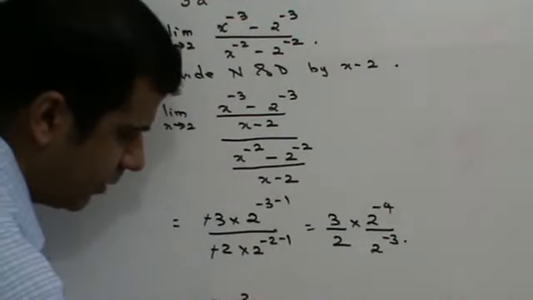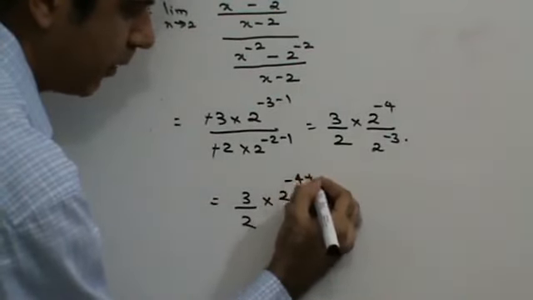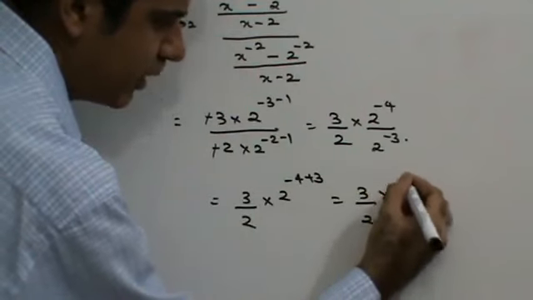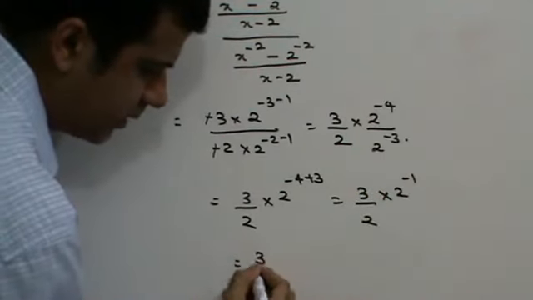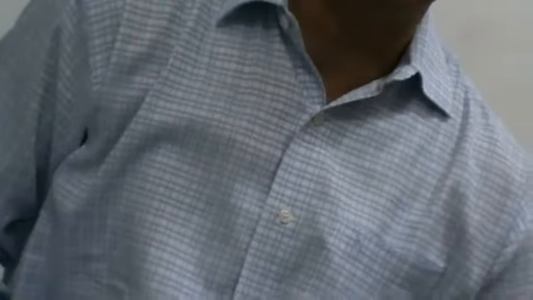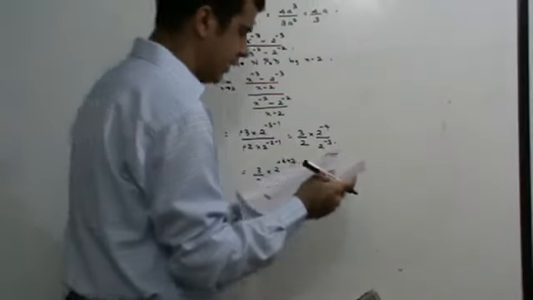This is nothing but 3 upon 2 into 2 raised to minus 4 plus 3, which is 3 upon 2, 2 raised to minus 1. So answer is 3 upon 4. Once you have the formula, the sum becomes relatively easy. Now let's see another sum of this kind.